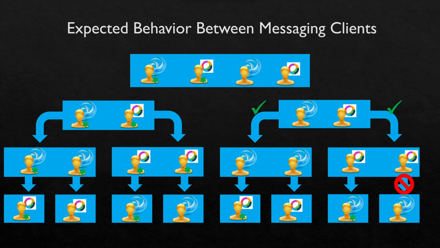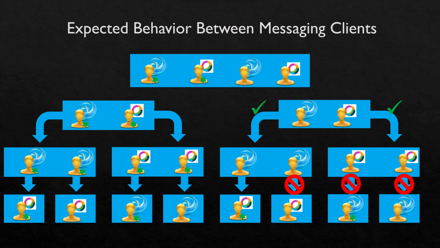Well, here's why. Right? If you send it from a Webex Teams client that's not enabled for hybrid message service to a Jabber client not enabled for hybrid message service, the message will not be sent. Same thing is true in the other direction. If a Jabber client not enabled for hybrid message service tries to send a message to a Webex Teams user not enabled for hybrid message service, that interaction will fail also.